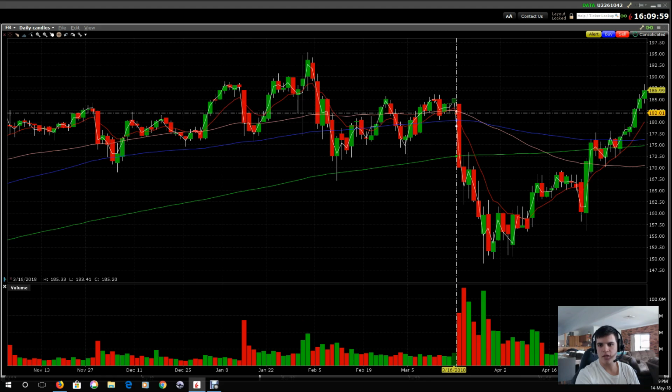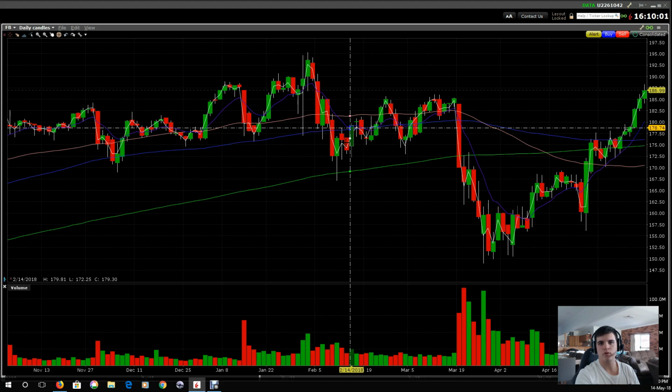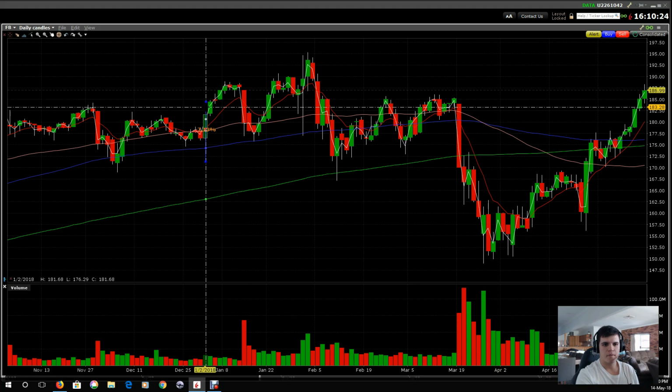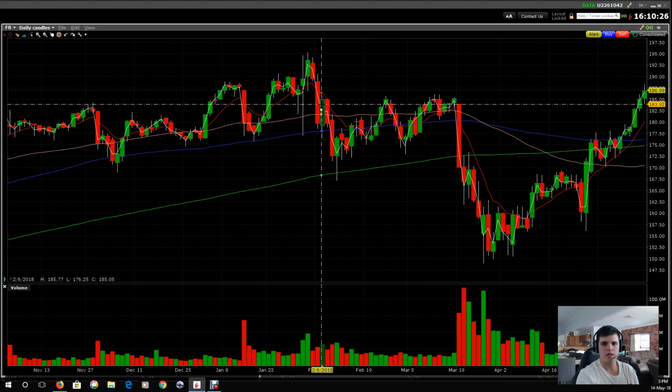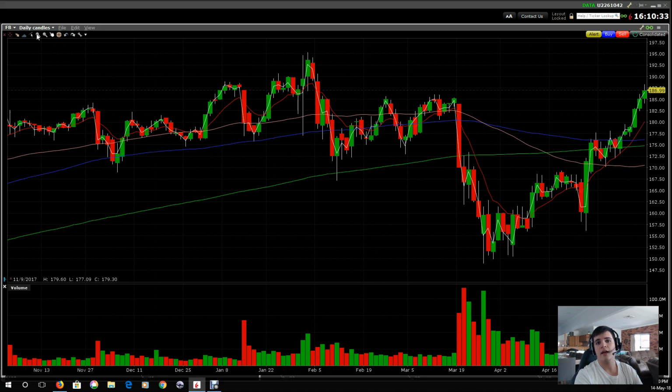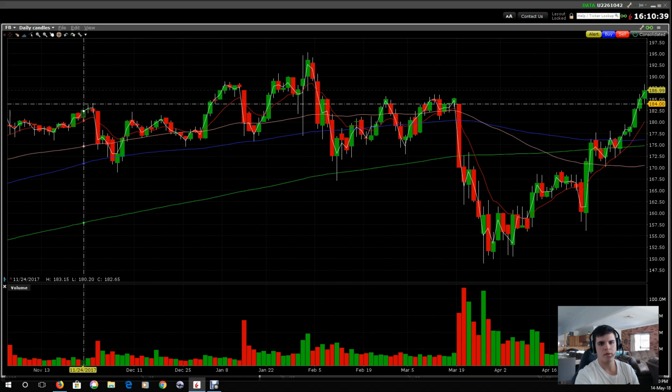Each one of these candles now represents a full day's worth of price movement. Each one of these separate little squares is a candle, and because we're on the daily candle setting, each one of these candles represents a full day's worth of price action.